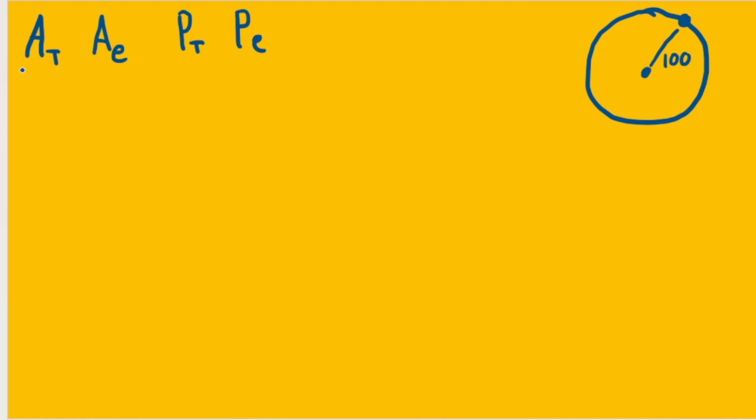So let's first find the total area that the light has been able to spread out when it's reached us. So we're finding surface area. So the surface area of a sphere is 4 pi r squared, which comes out to be, r would be 100, so that would be 10,000 times 4, so that's 40,000 pi.